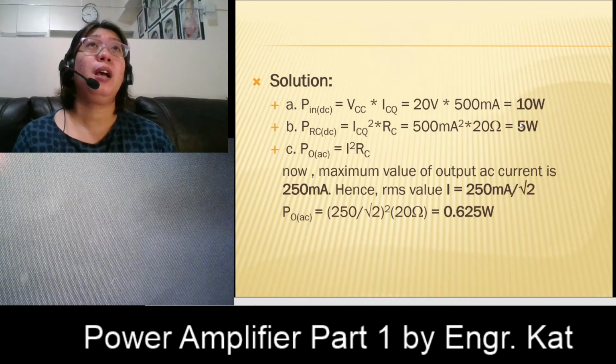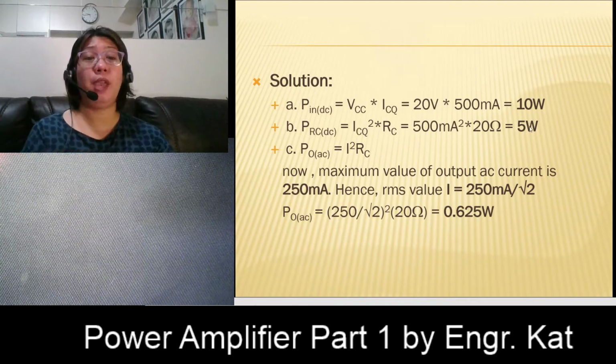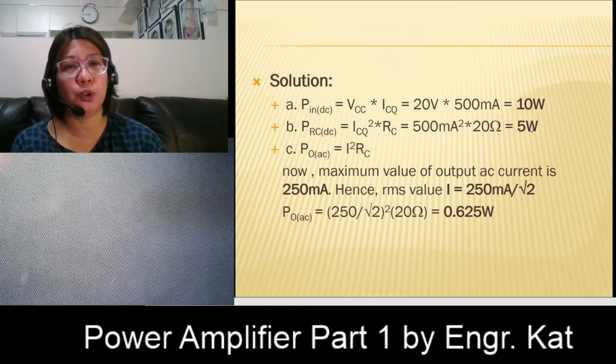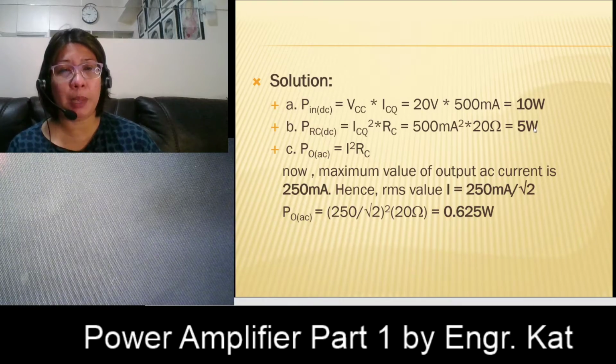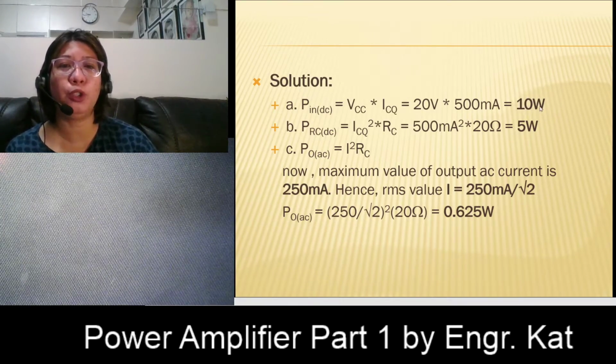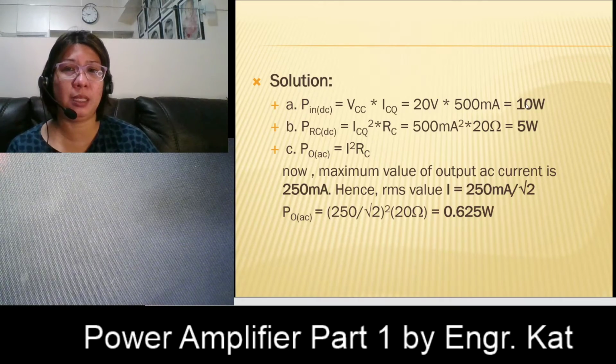It is really impossible to have a lossless system because all of the resistors in your circuit dissipate power, so they contribute to the total input DC power.